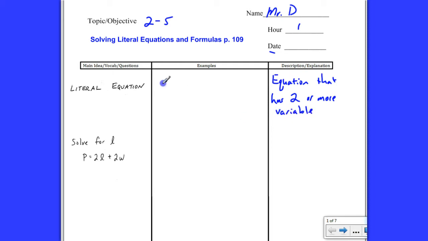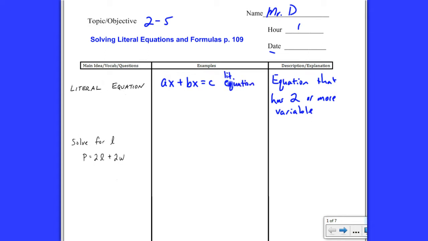An example of a literal equation, it could be all kinds of things really, but one example might be something that doesn't really mean anything, just an equation like ax plus bx equals c. That's a literal equation. That's what that is.